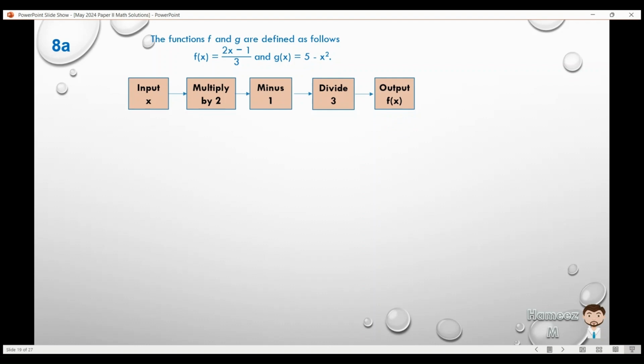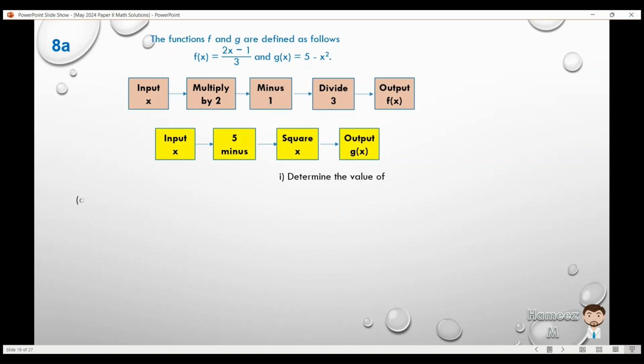Similarly, we can do the same for g of x. Let's bring it up in yellow. Let's consider the input as x. We start with the number 5 minus whatever we have as x, squared. So 5 minus x squared, and that will give us our output, g of x.